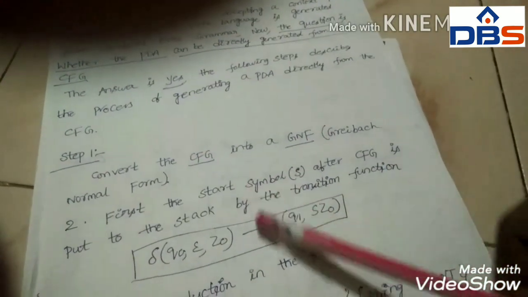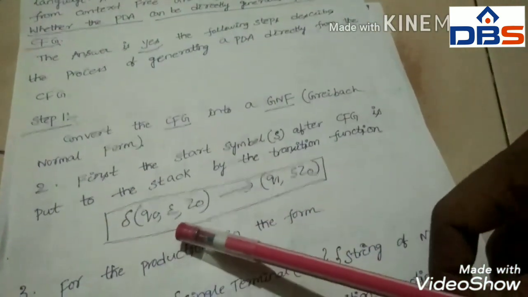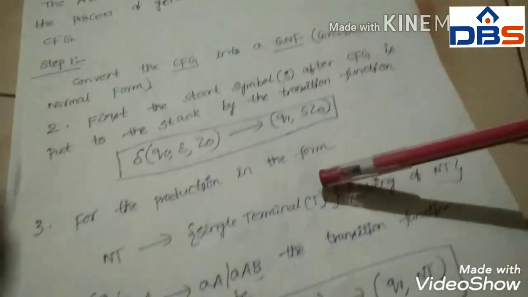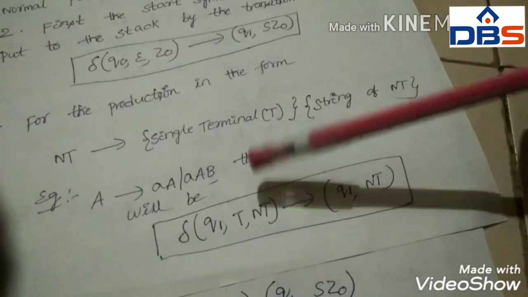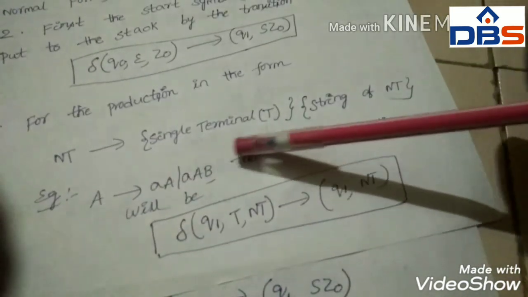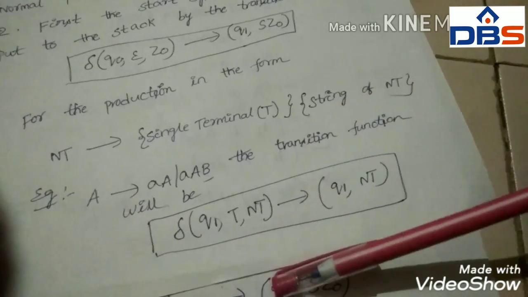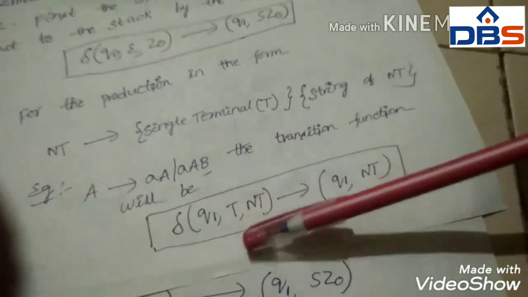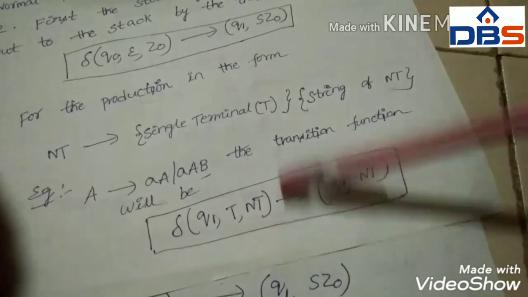Our second step is like this: delta of q0, epsilon, Z0 goes to q1, S Z0. For the production, the form is non-terminal tends to single terminal into string of non-terminals, like capital A tends to a A or a B, meaning terminal into non-terminal.